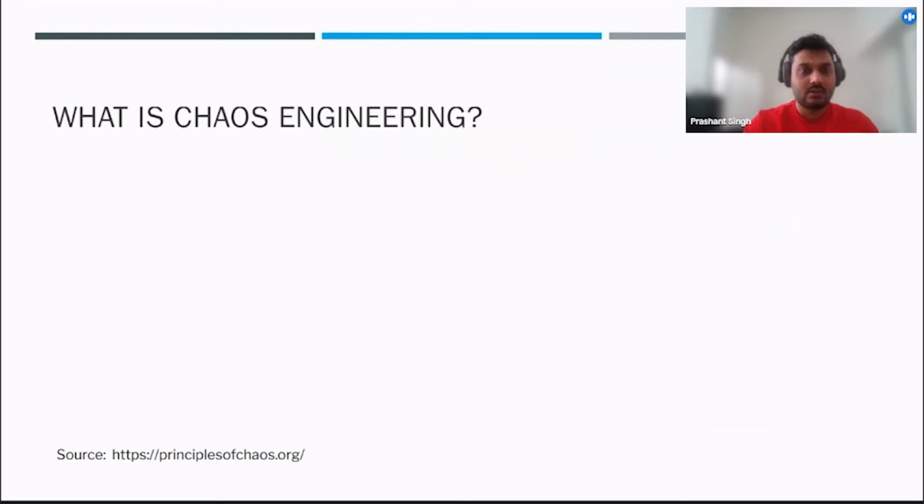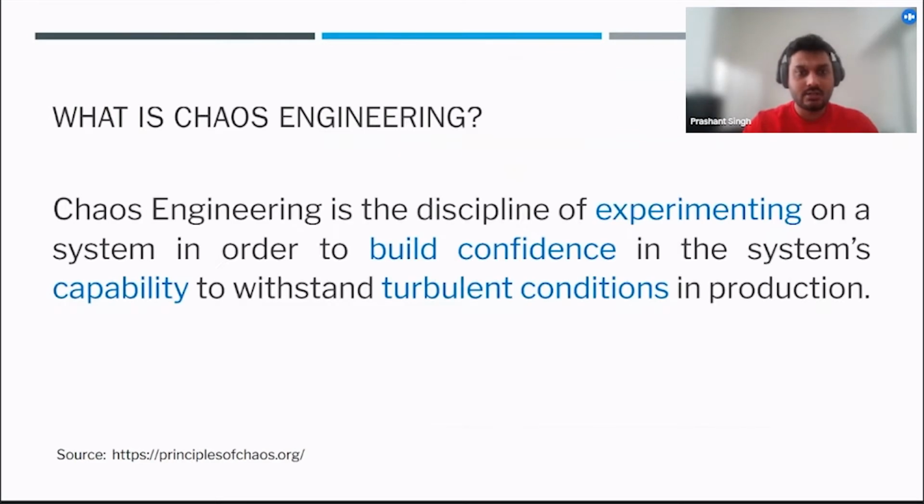So let's start with what is chaos engineering. If you Google it, you will get something like this: chaos engineering is the discipline of experimenting on a system in order to build confidence in the system's capability to withstand turbulent conditions in production, which might not make much sense because there are so many words there.